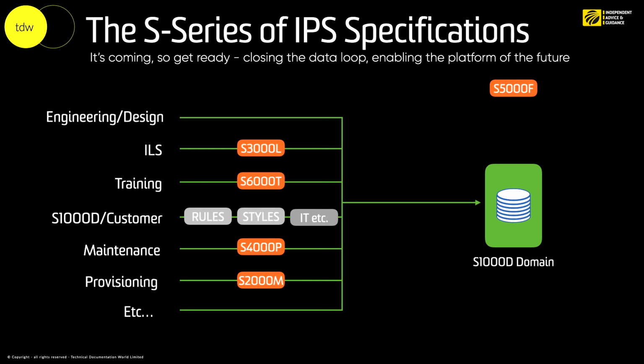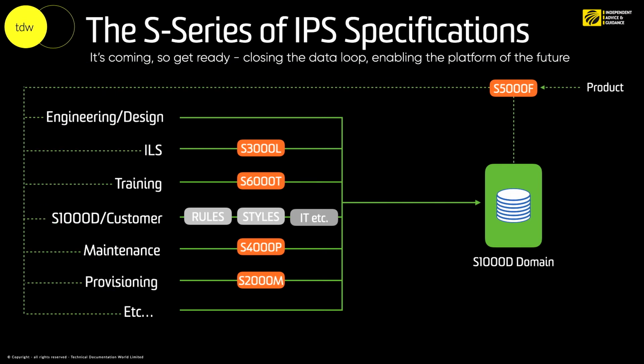But what the S-Series is trying to do, or what the S-Series is going to do, is try and close the circle. It's going to close the loop on all of these domains. So not only are we going to be able to map data elements and data structures and data content from these other domains and use them in our S1000D environment, we are going to be able to use things like IoT and AI, and start analyzing what our product's doing.